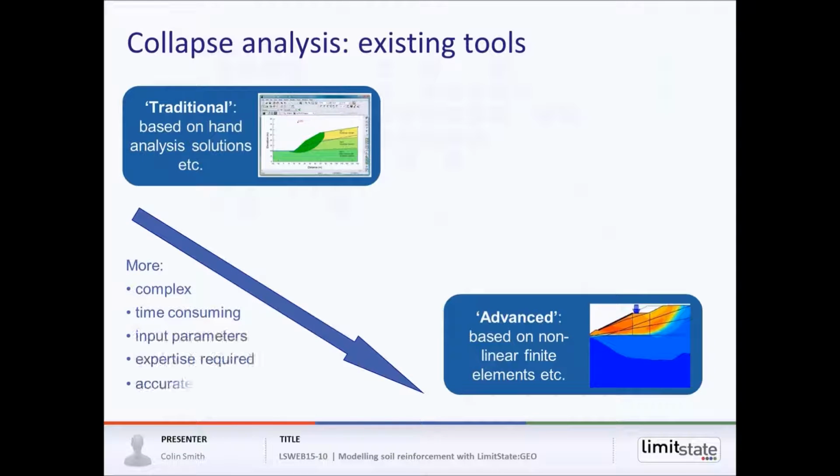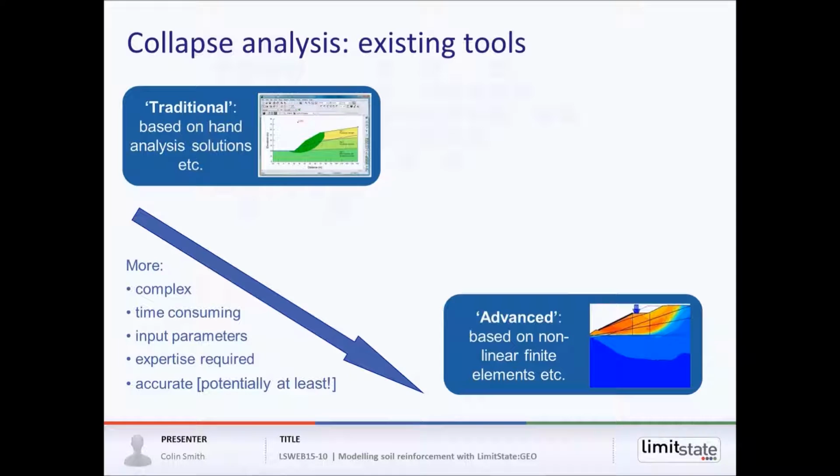Now, to set LimitState GEO in the context of currently available software, on the one hand, at the top left here, we have software based on conventional approaches, such as the method of slices, which do a pretty good job specifically for slope problems. For more complex analysis, finite element software is available, which can model pretty much any geometry and complex soil behavior, but typically requires a lot more expertise to use.